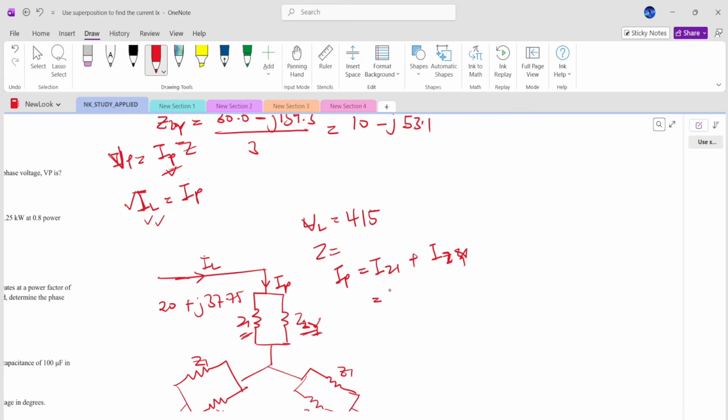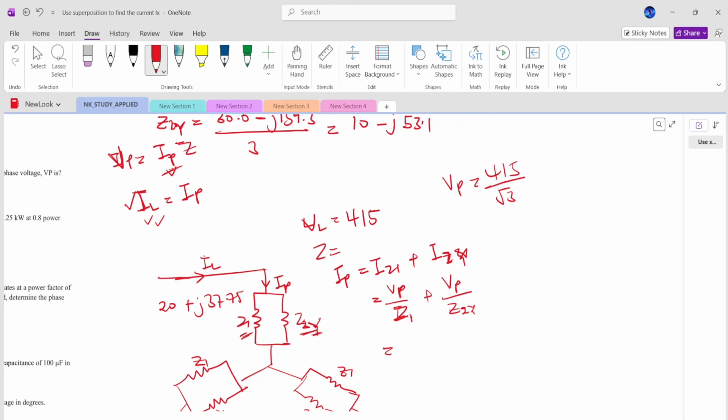IZ1 is VP divided by Z1 plus VP divided by Z2 star. Our VP is 415 over root 3.